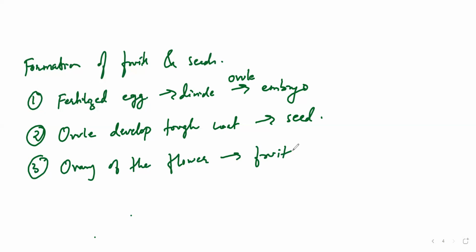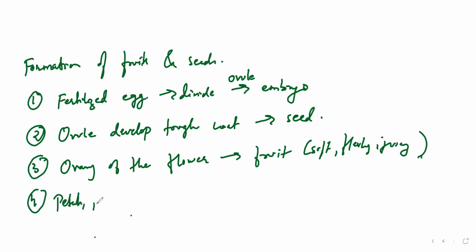Like the seed has a hard seed coat, it will be hard. But the fruits will generally be soft, fleshy, juicy. Correct? Next, whatever petals, sepals, stamen, style, whatever parts are there, everything will fall off.